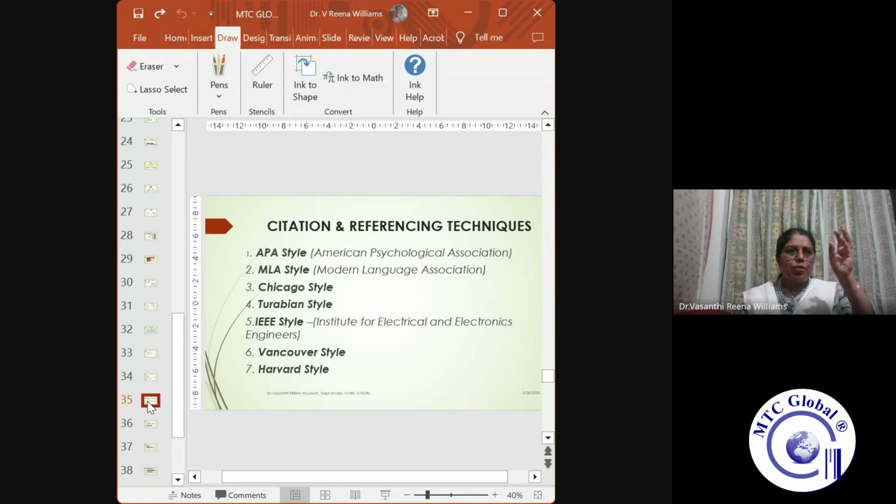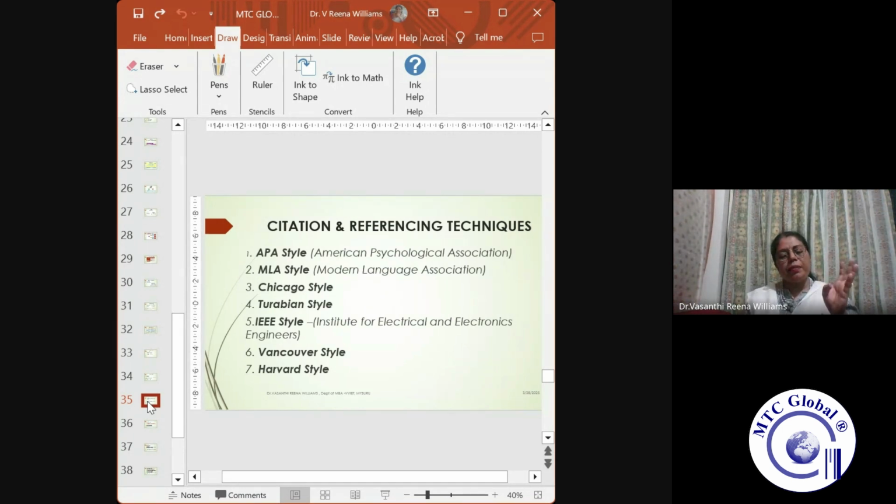They said it should be in a uniform manner, because the whole project report is done with so much effort. A person who wants to go through more about it and is looking at the literature review should find it easy to identify. So hence they came up with a particular method. And APA style is like this.